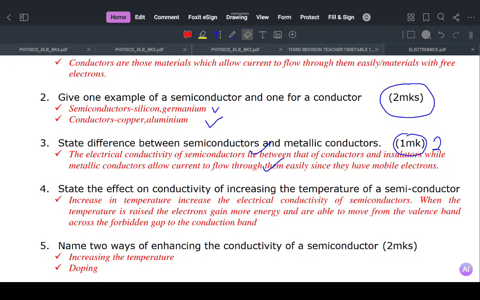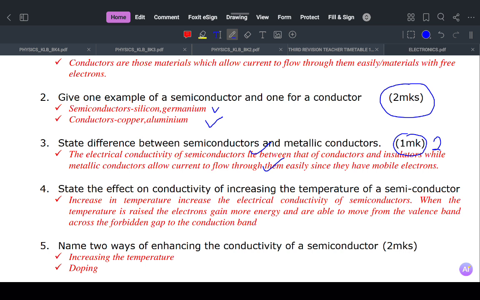Question number 4 is saying, state the effect on conductivity of increasing the temperature of a semiconductor. All right. Remember that semiconductors have what is called the valence band and the conduction band separated by a forbidden gap.